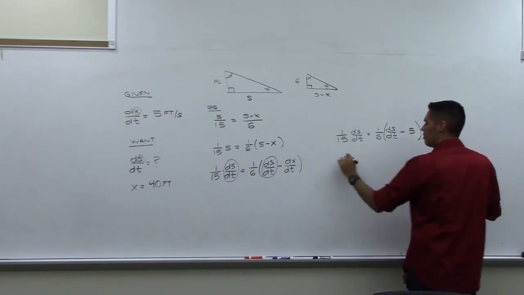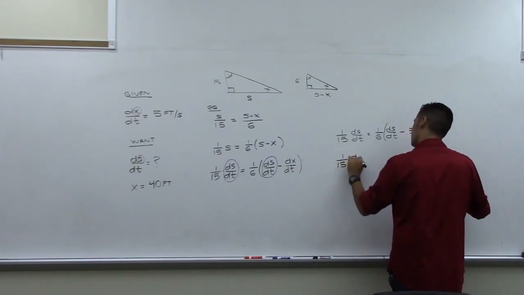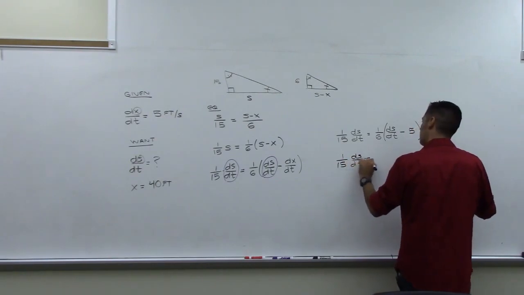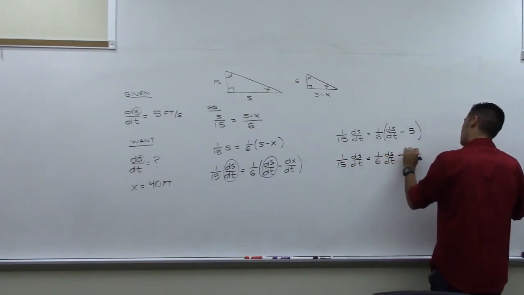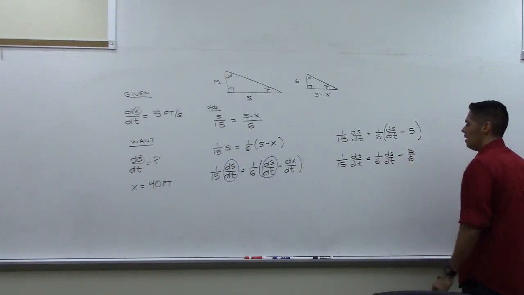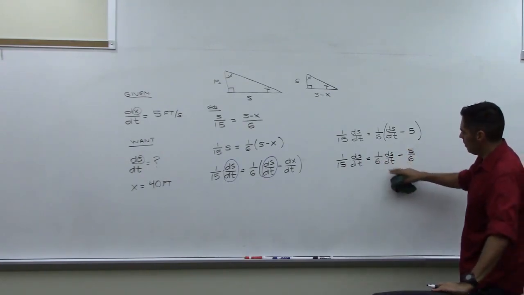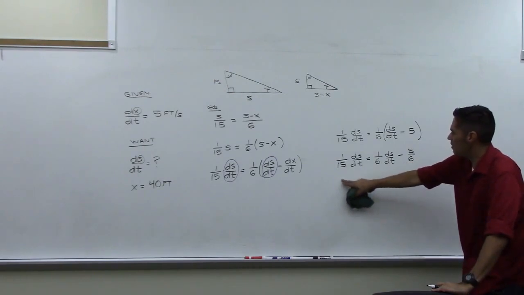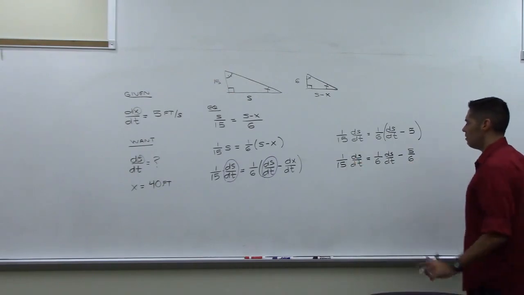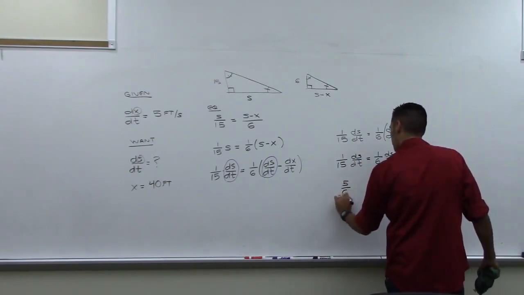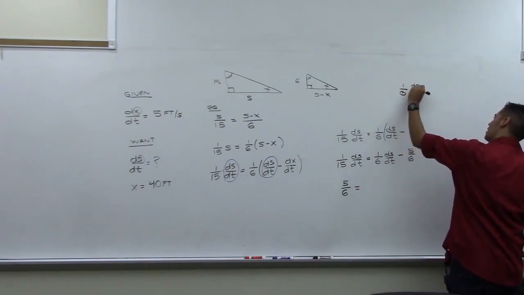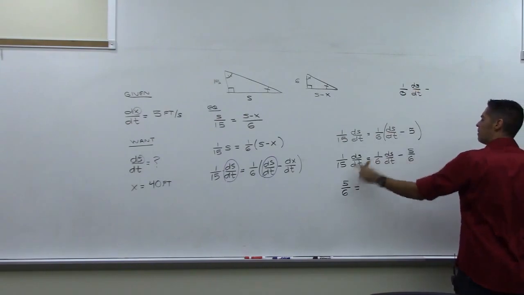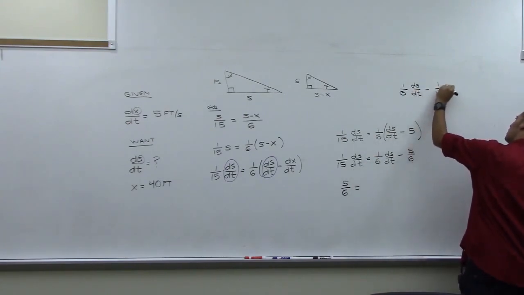And then I'll distribute, so 1/15 ds/dt equals 1/6 ds/dt minus 5/6. I'm going to move this to this side so it's positive. I'll have 5/6 equals 1/6 ds/dt, and I'm going to subtract from it 1/15 ds/dt.